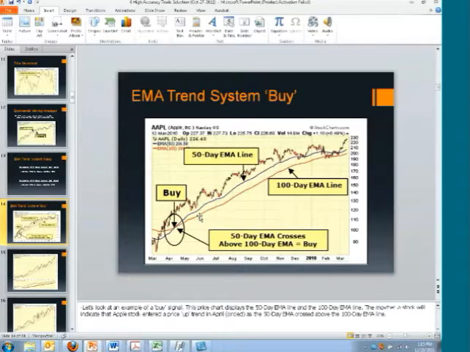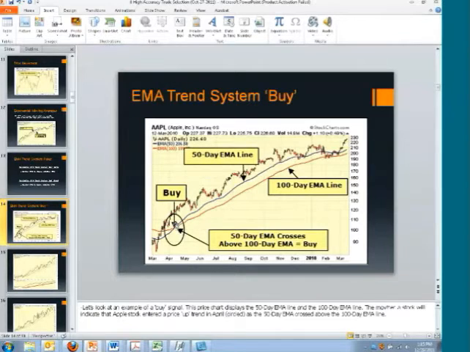And here's a price chart for Apple, and the 50-day EMA is depicted here by this blue line, and the 100-day EMA is depicted by the red line. And we can see in April, this was April of 2009, the blue line, which is the 50-day EMA, the shorter term, actually crossed above this 100-day EMA.